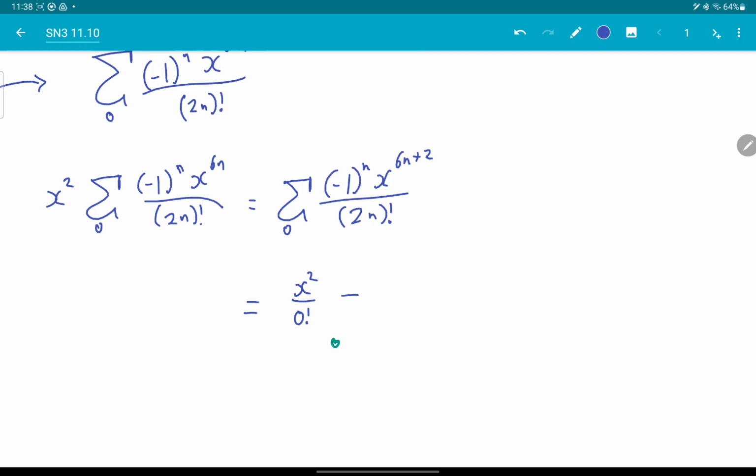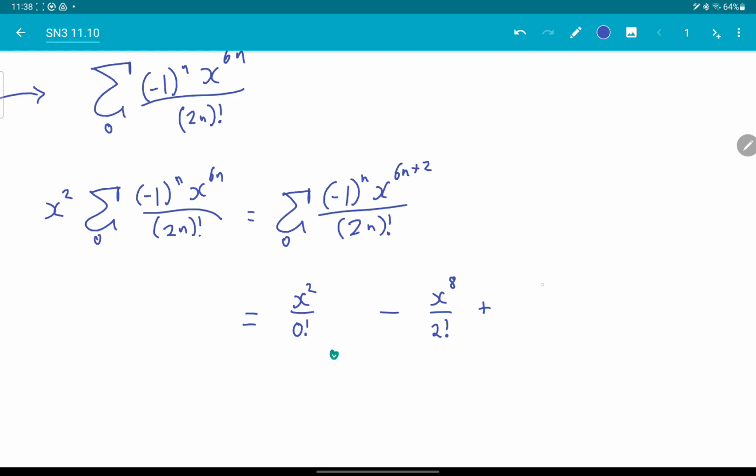Next one will be negative, because it'll be negative 1 to the 1. And then we get x to the 8 over 2 factorial. And then we get plus, looks like x to the 14 over 4 factorial minus x to the 20 over 6 factorial.